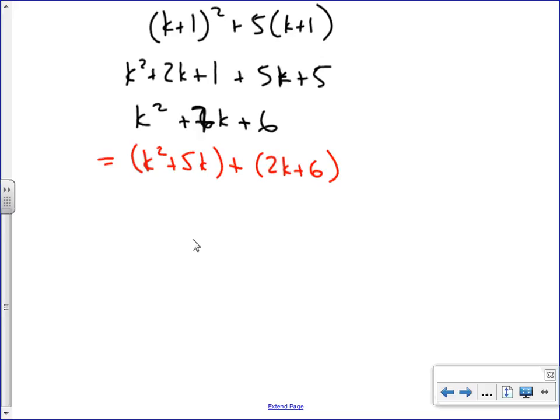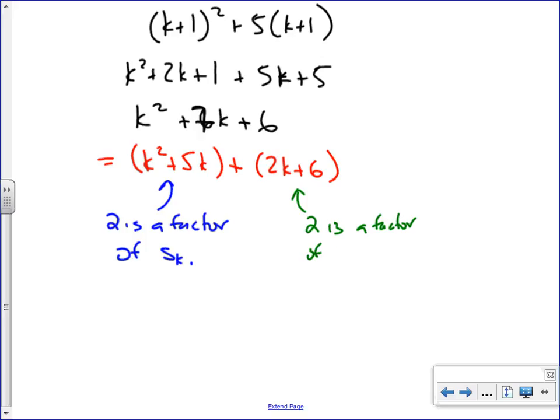Here's what I just said. We said 2 is a factor of Sk, because we said that was true from the start. Over here, 2 is a factor of 2k plus 6.